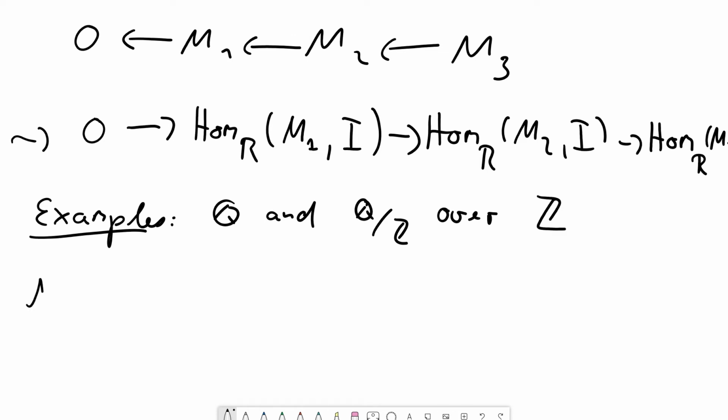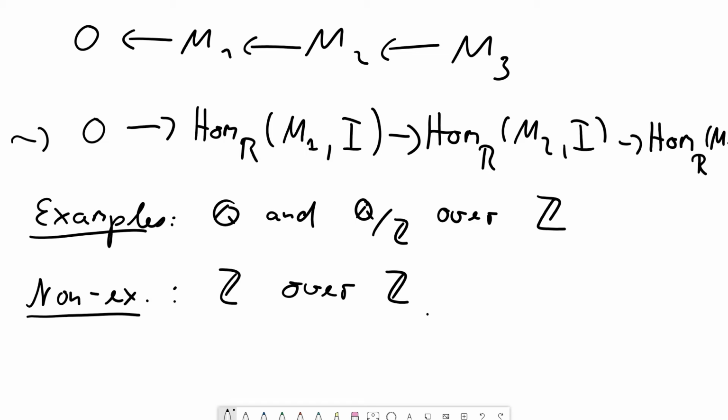And to give you non-examples, well, just Z over Z is not an injective module. Shall we think about this?